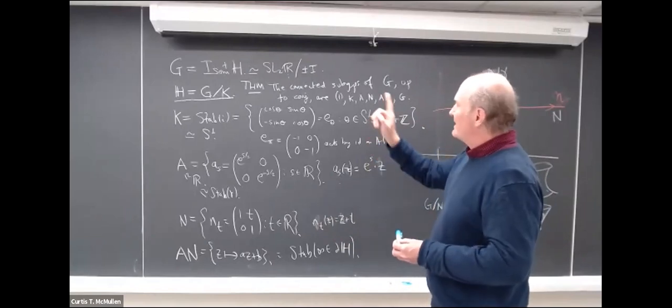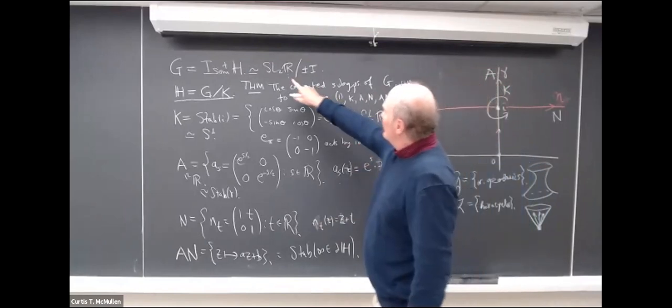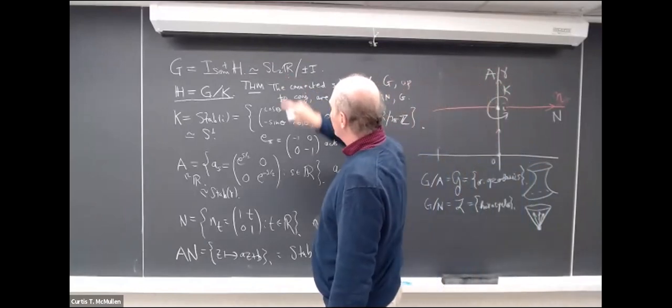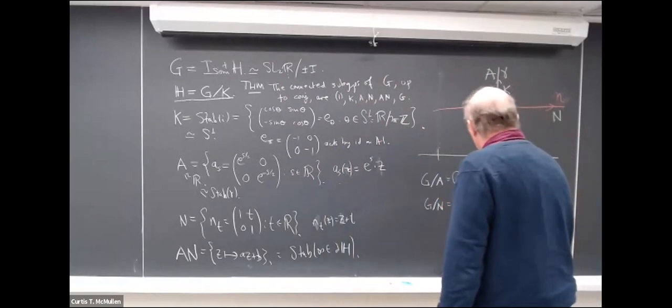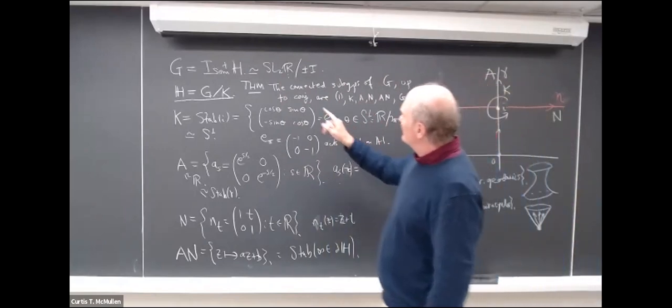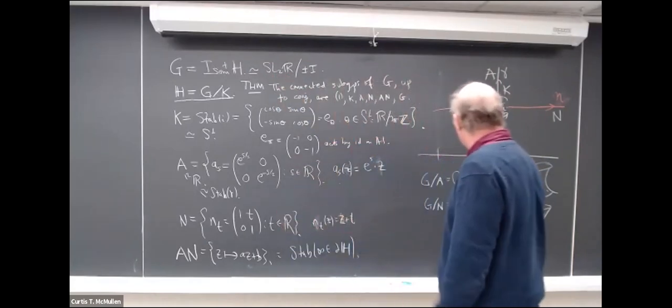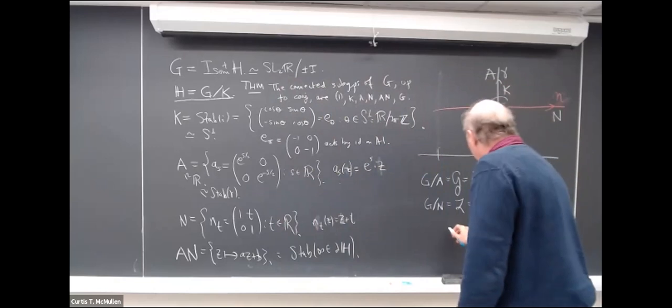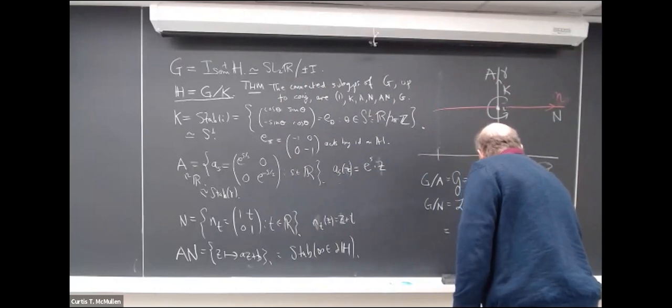The only problem is you can't send the origin to something other than the origin. So SL2R acts on R2 minus 0, and so there should be a homogeneous space for SL2R, which is just R2. And indeed there is, and it's nothing more than G mod N. This is the same thing as R2 minus the origin.